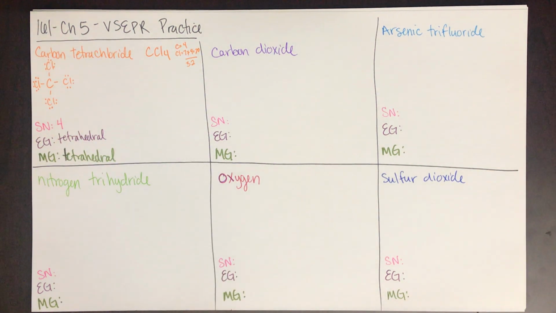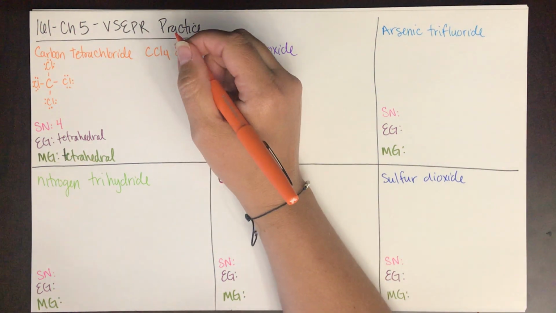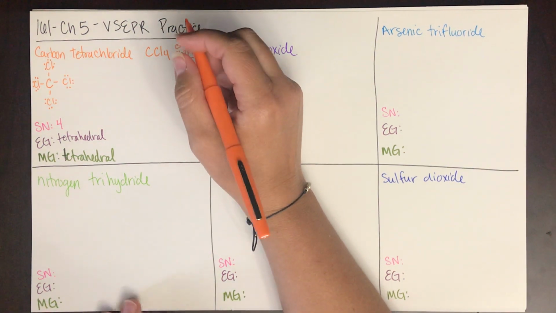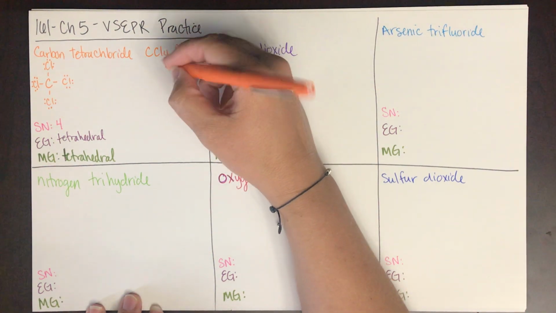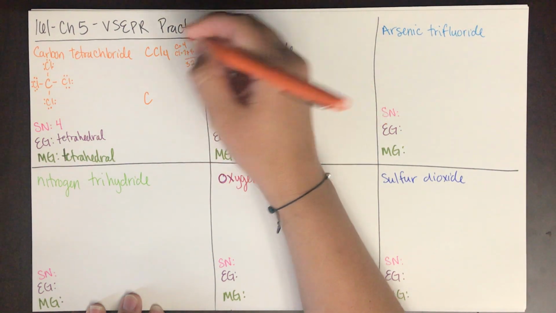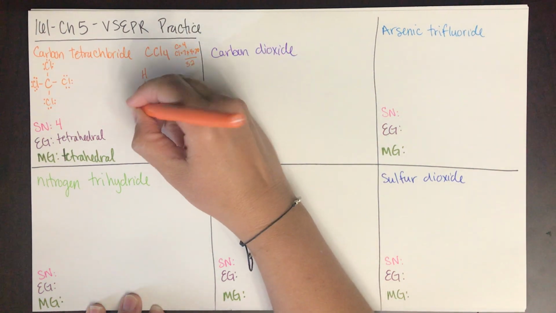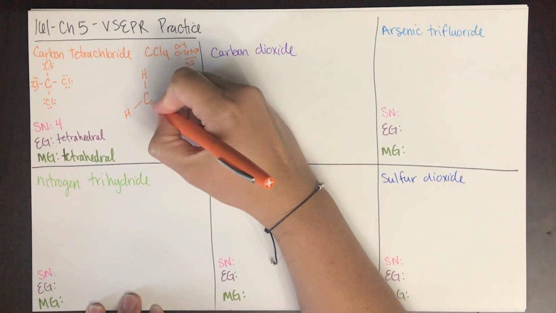So there are pictures in your book for you to see what a tetrahedral molecule looks like. And this is not an art class. You're not being graded on artistic ability and how these look. But the way that you represent a tetrahedral molecule is that you have the central atom in the middle, and you do not show the electrons when you are drawing the molecule in 3 dimensions.